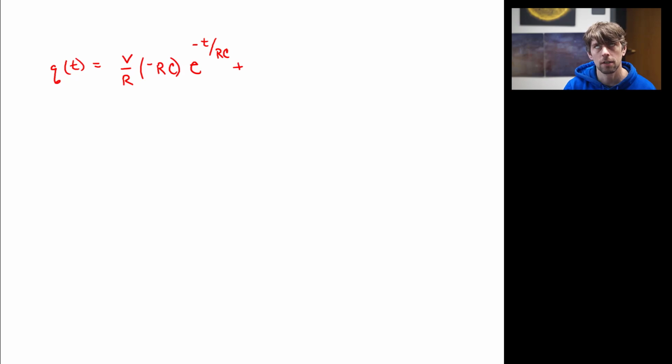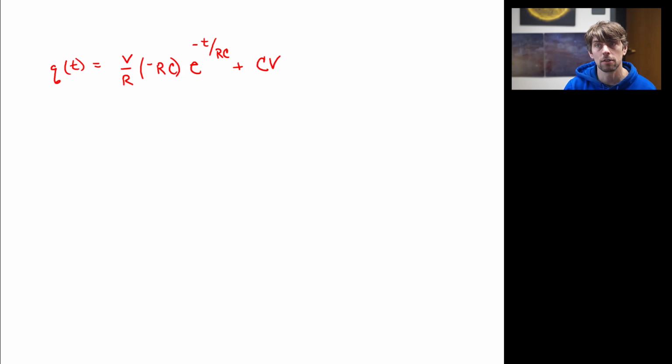Well, let's go ahead and plug those in. So now we have that Q of t is equal to V over R times the quantity negative RC e to the negative t over RC plus, now B we said must be CV.